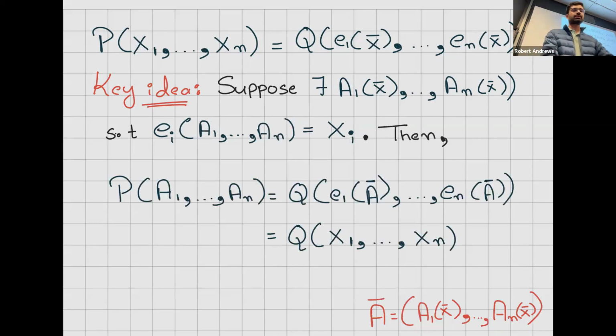Then if I compose P with A1 up to An, it's equal to Q of E1 of A bar up to En of A bar, where A bar just means the tuple A1 up to An.